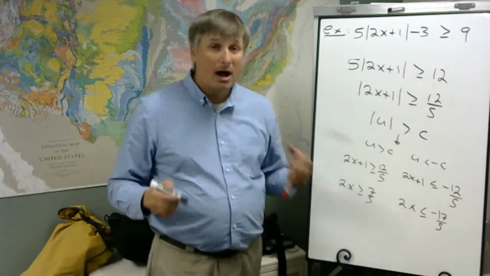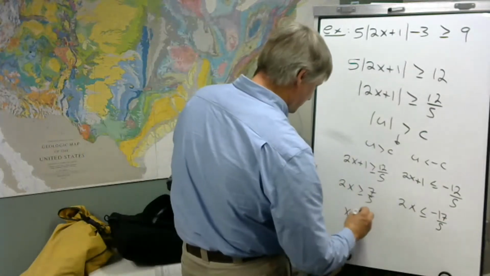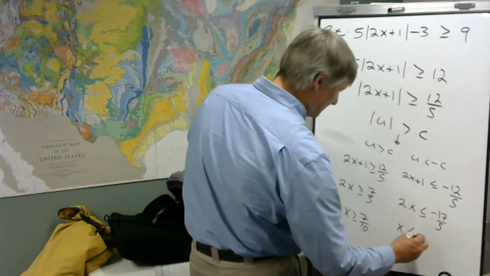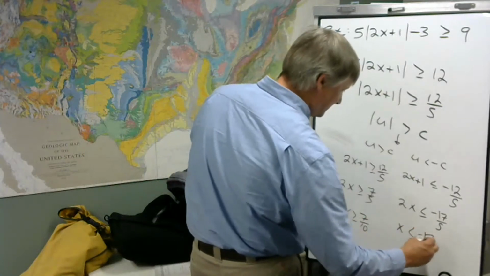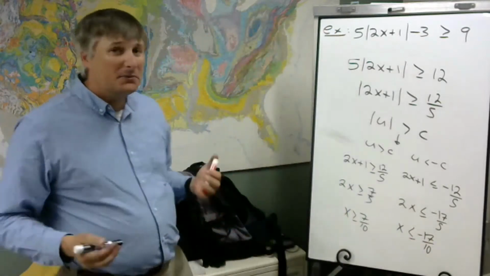Divide both sides by positive 2. We'll get 7/10 over here, negative 17/10 over here. Now, here's the thing.